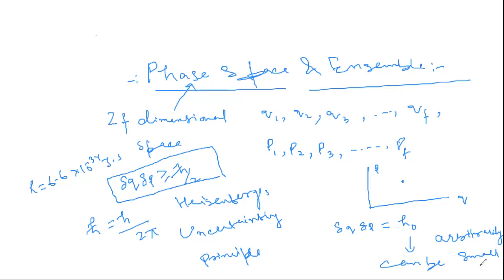Now, in general, for f degrees of freedom, how do we write the volume of the cell? Write it this way.